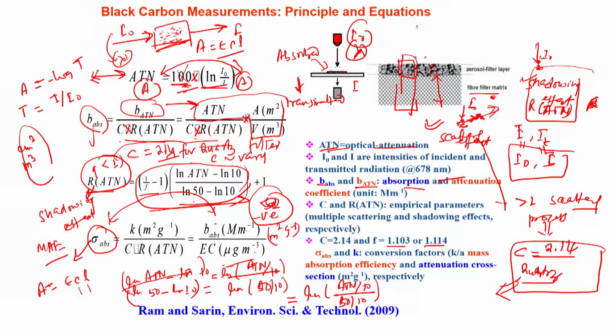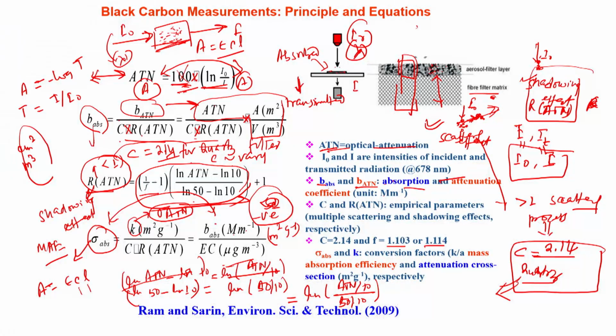meter square per gram here. Sometimes it is also written as sigma ATN, the attenuation cross section, or attenuation efficiency, the mass attenuation efficiency.